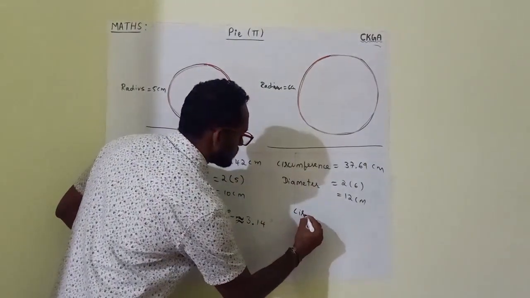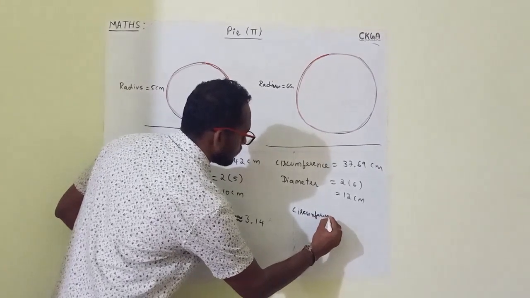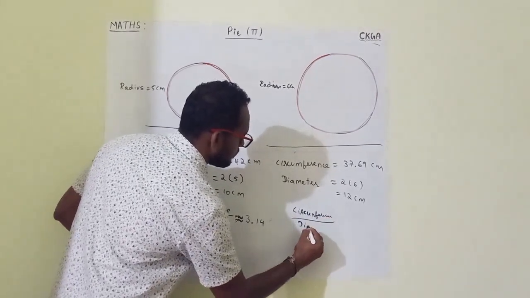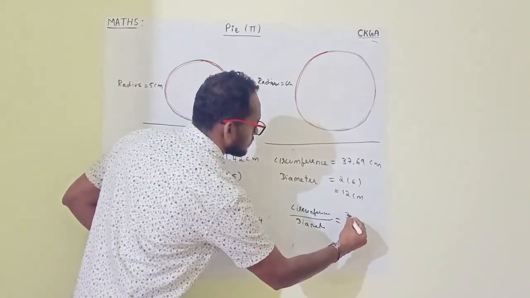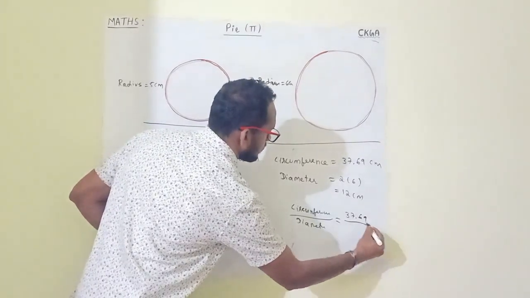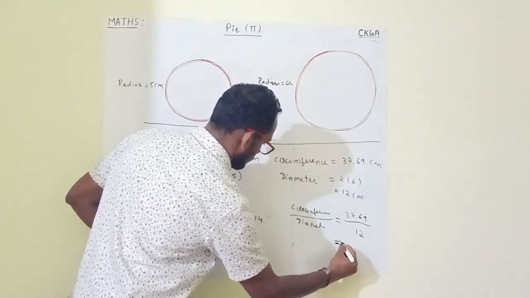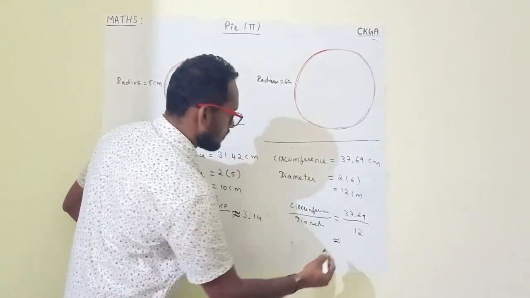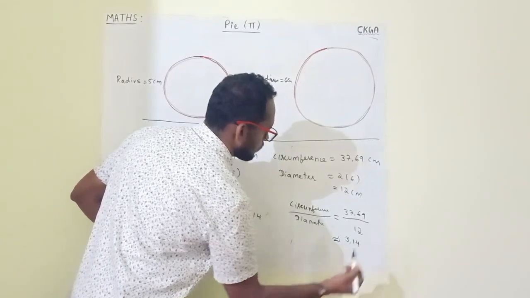Again in this case, circumference divided by diameter is 37.69 divided by 12. In this case also you get approximately 3.14.